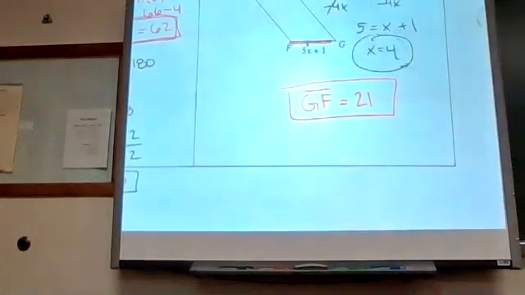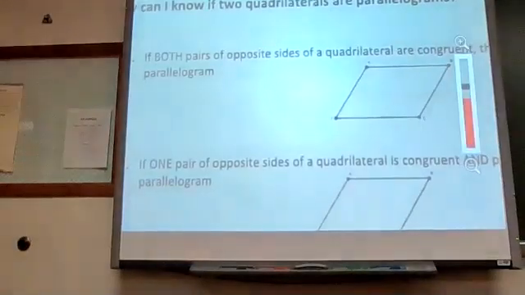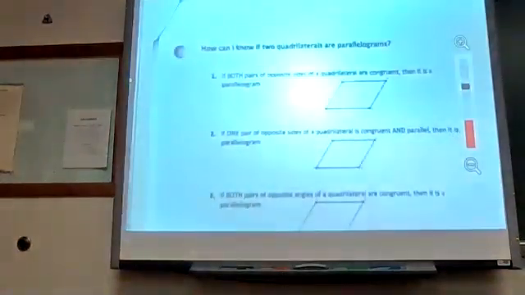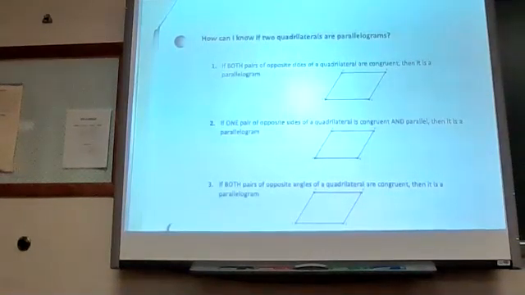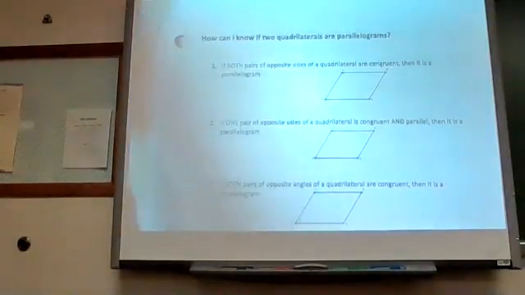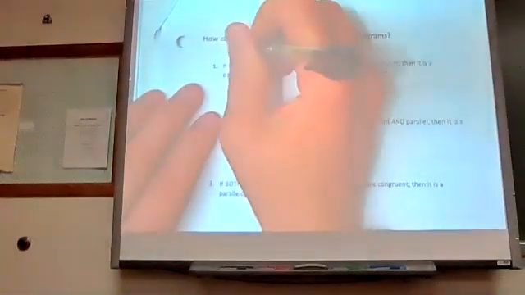Okay, good. So now we're just going to look at some if-then statements with our parallelograms. Because like I said yesterday, there's all sorts of quadrilaterals. Only certain quadrilaterals can be called parallelograms. And so how would we know if it's a parallelogram or if it's not? How do we prove it?